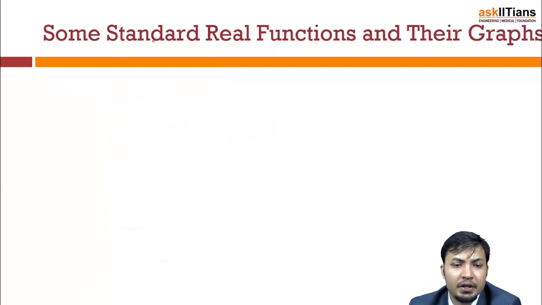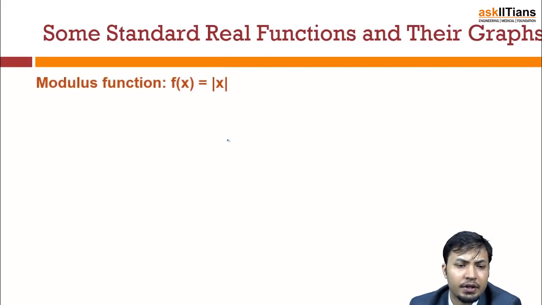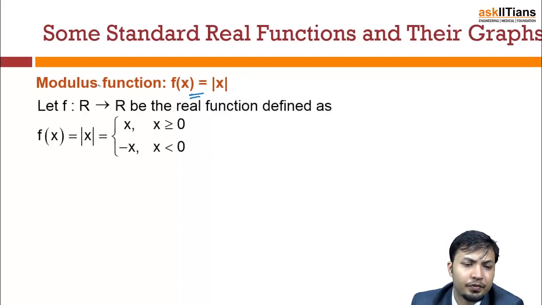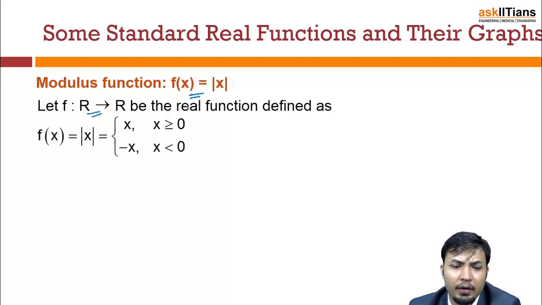Now let's look at some standard real functions and their graphs. In this case, first of all, I have the modulus function. Very interesting. All the graphs illustrated over here are quite interesting. Now the modulus function, its property is that it will again belong from R to R, and for this case I'll have two sets of values, that is for different x I'll get a different output.